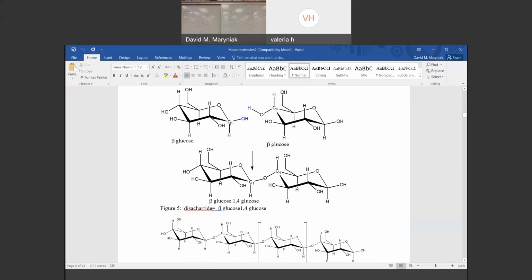Now I'm connecting from the carbon number 1 of the first glucose to carbon number 4 of the second. And the connection is called beta, again, because the OH off the first sugar is up. So when we connect this C1 to C4 through this linkage, do you get why it's called beta 1,4?